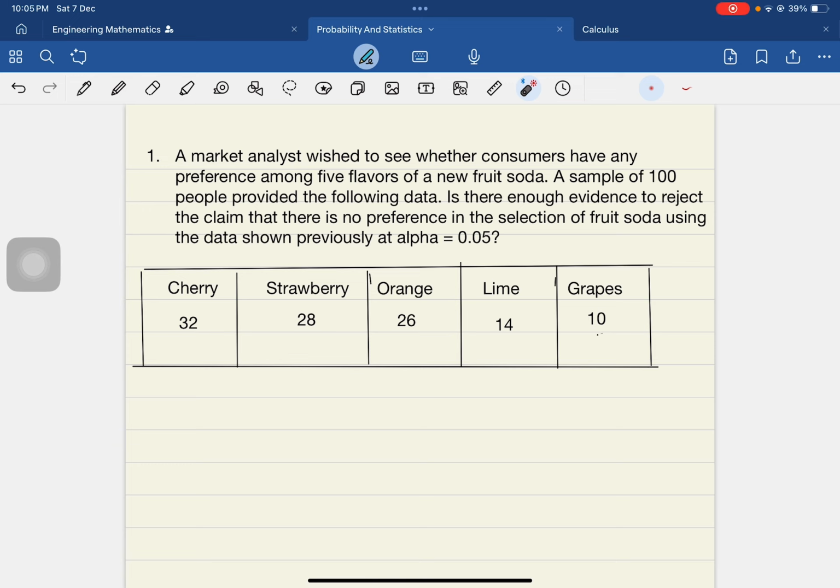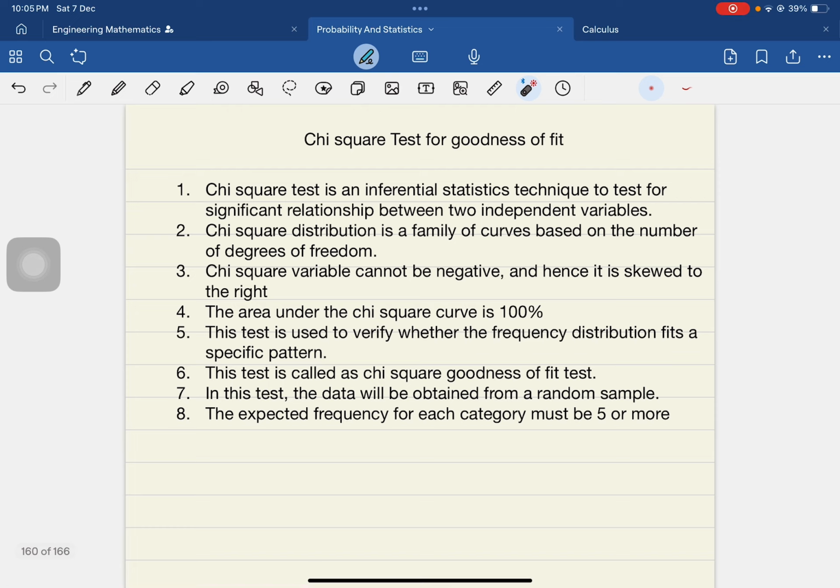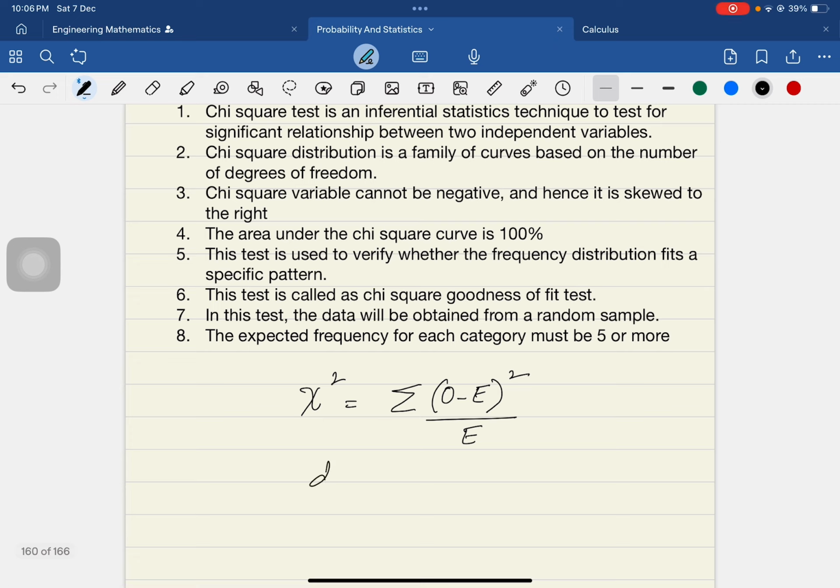The formula for chi-square goodness of fit is given by chi-square equals sigma of (observed frequency minus expected frequency) the whole squared, over the expected frequency. And the degrees of freedom is the number of categories minus 1.